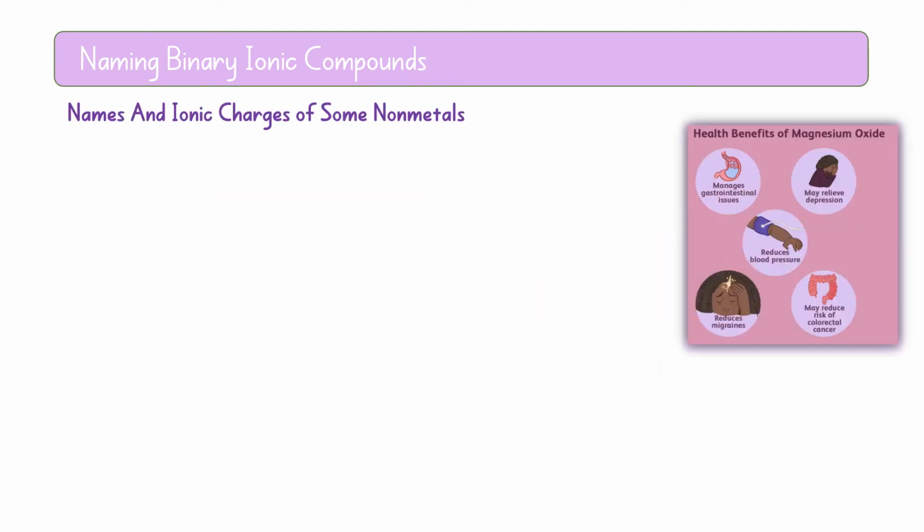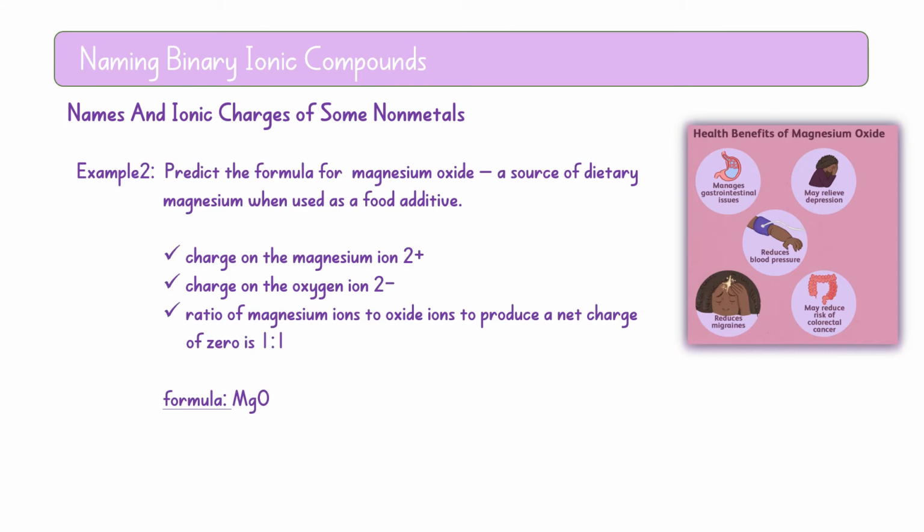Now let's look at magnesium oxide. Example 2. Predict the formula for magnesium oxide, a source of dietary magnesium when used as a food additive. The charge on the magnesium ion is 2+.